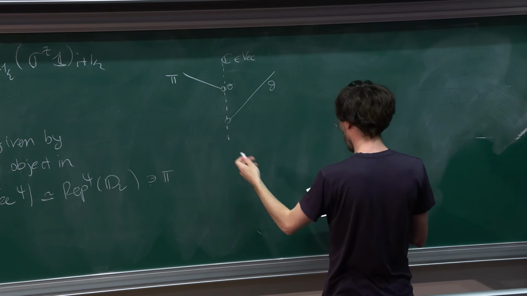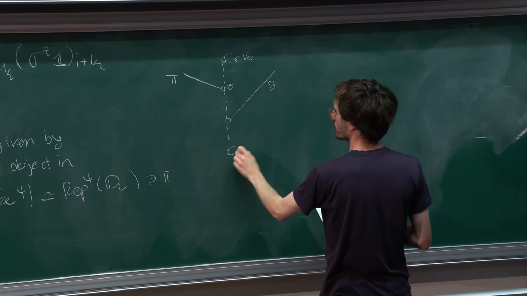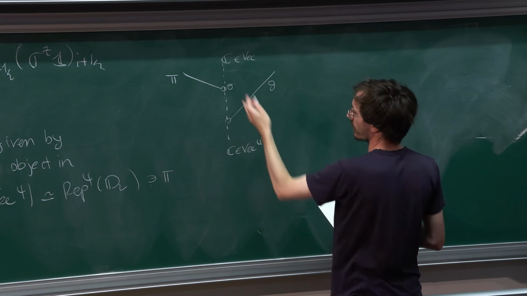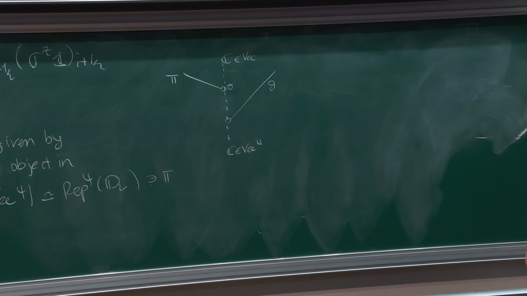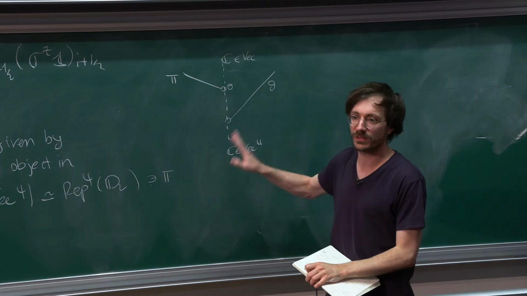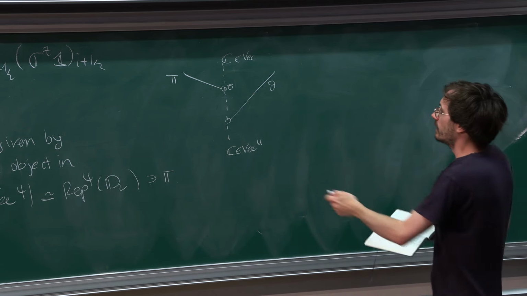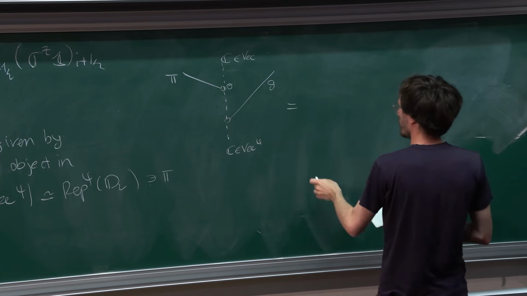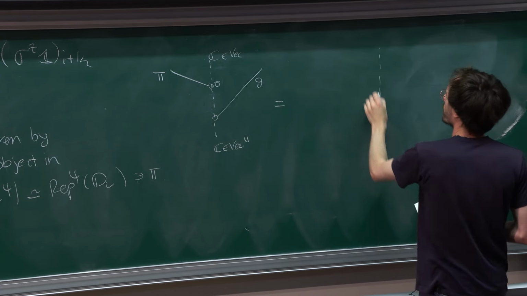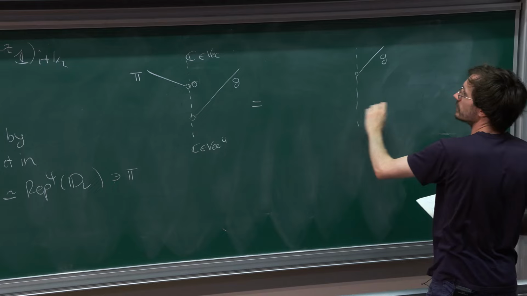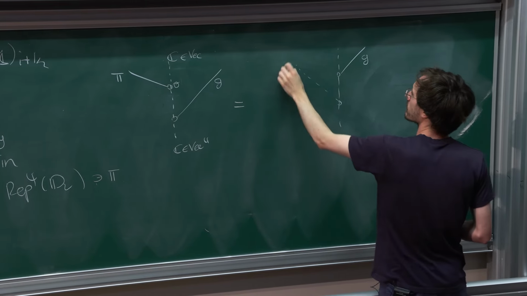And at the bottom, it's still a unique simple object, but rather in Vec pi, right? I'm moving from Vec to Vec pi. At the level of the Hilbert space, it doesn't do anything because as a category, Vec and Vec pi are exactly the same. Now you can explicitly write down the change of basis.